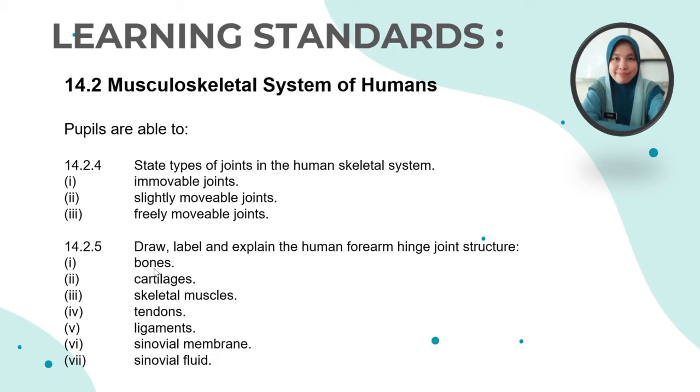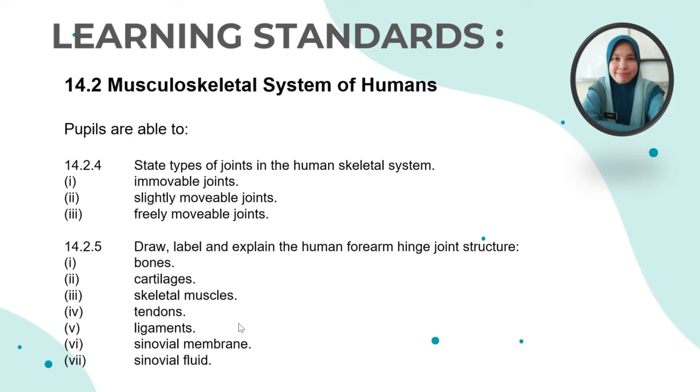The second learning standard for today: draw, label, and explain the human forearm hinge joint structure, which consists of bones, cartilage, skeletal muscles, tendons, ligaments, synovial membrane, and synovial fluid. All of these refer to the structure of the joint.